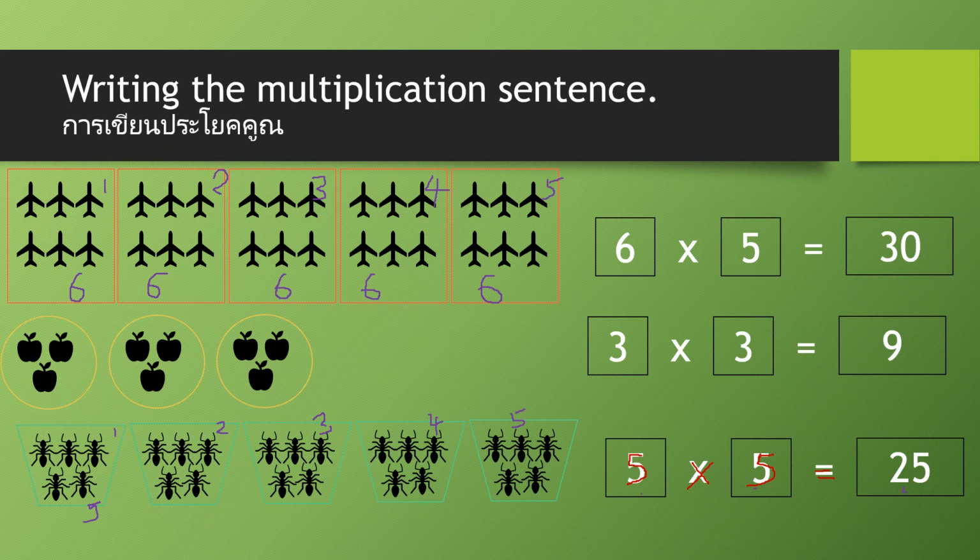You can count or you can remember the 5 times table. 5 times 5 equals 25. 5 times 5 equals 25.